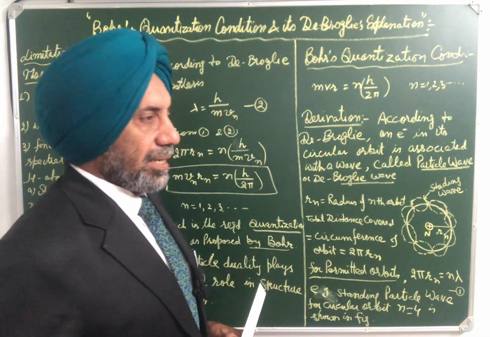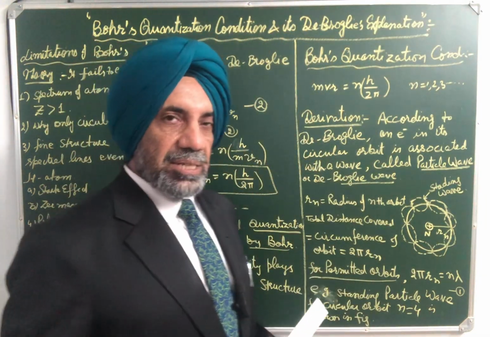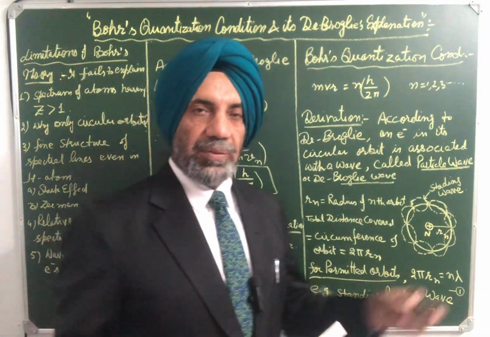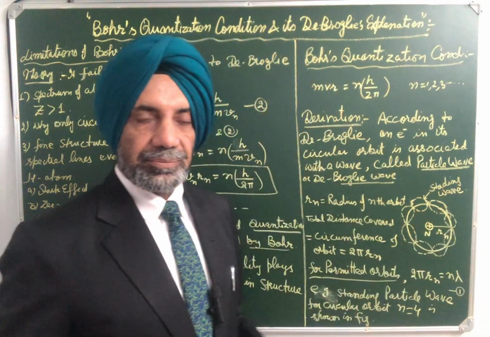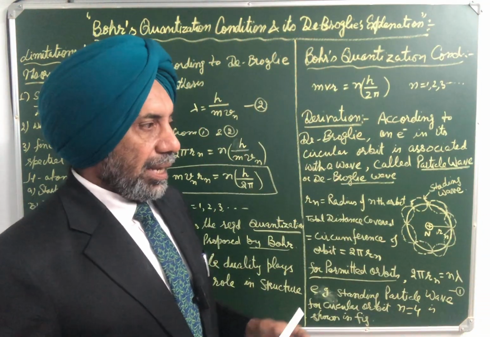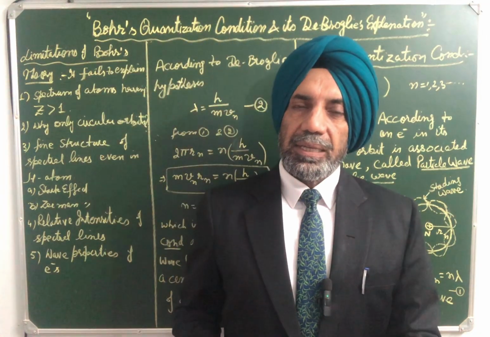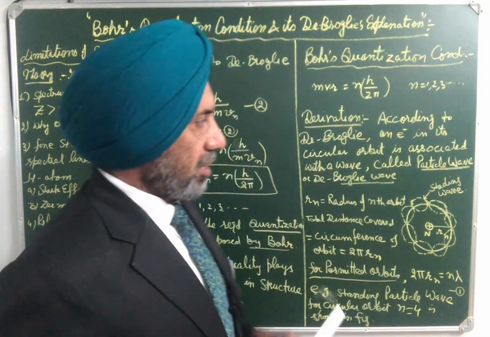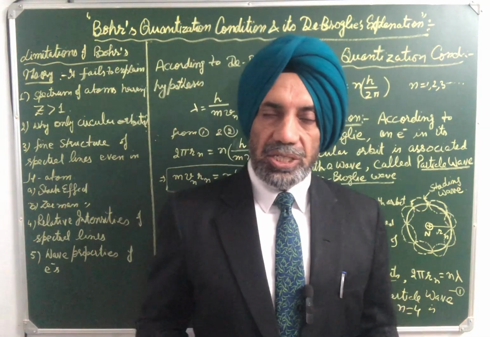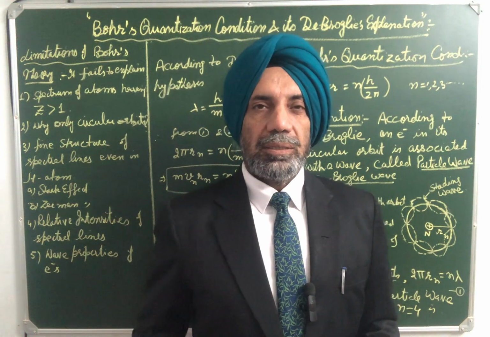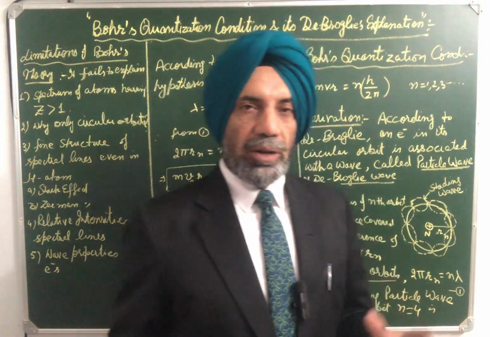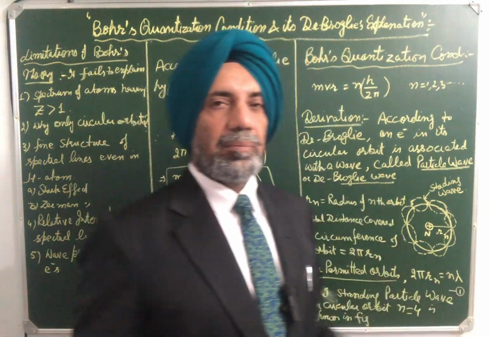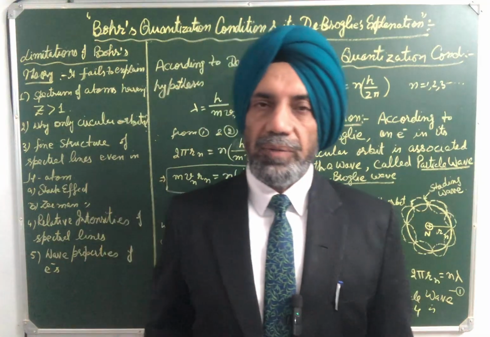Or we can say that the total distance covered moving down the string, from one fixed end to the other fixed end and then back, should be an integral multiple of the wavelength of the wave. Such waves are called stationary or standing waves. It means standing waves can be produced only if the total distance covered in the round trip is equal to an integral multiple of the wavelength.